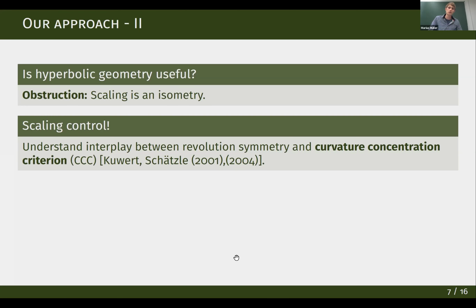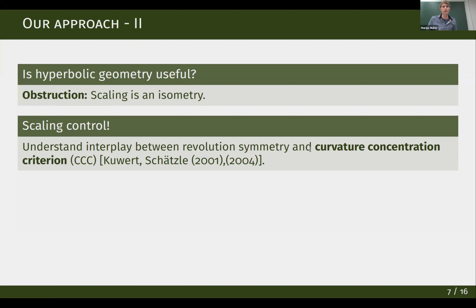What comes into play here is an interplay between the revolution symmetry and the curvature concentration criterion, which is a blow-up criterion that has been known for a long time for the Willmore flow and was also derived by Kuwert and Schätzle. One has to understand how this revolution symmetry interacts with this criterion.